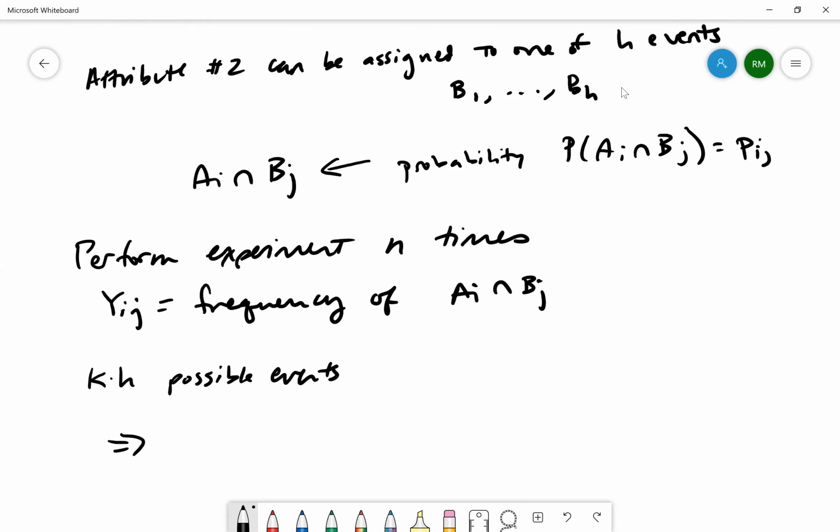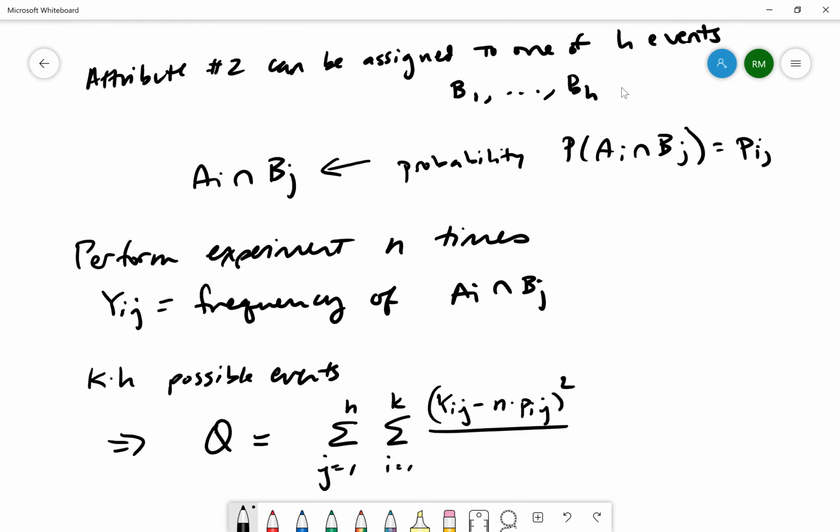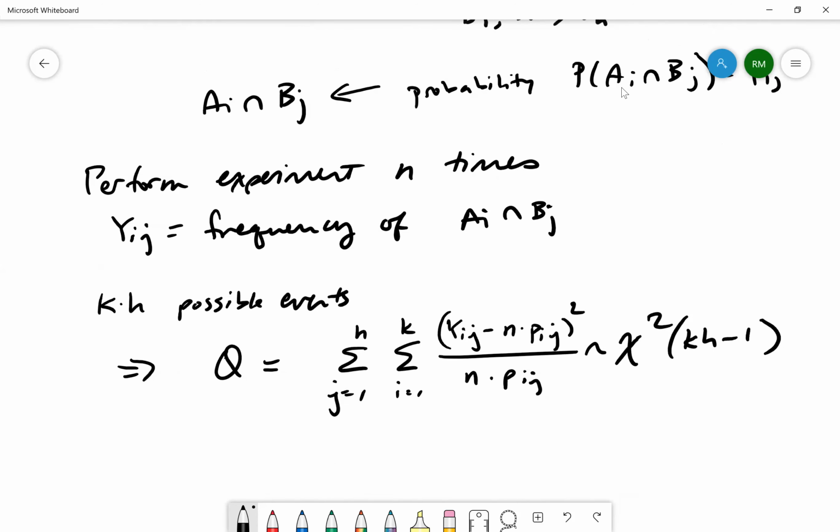So what this tells us is that my statistic is a chi-square random variable with kh minus 1 degrees of freedom.